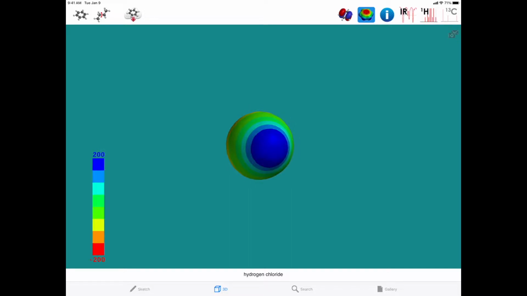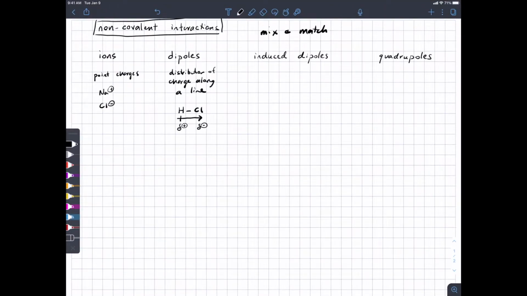So you can see the blue color of the hydrogen indicates positive electrostatic potential, or that this is the electron-poor part of the molecule, and then the darker yellow and green color here represents the more electronegative or electron-rich part of the molecule. Okay, questions about the definition of a dipole? Easy, done that before tons of times, right.